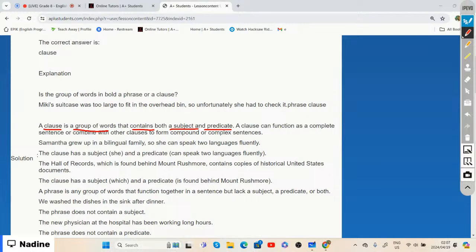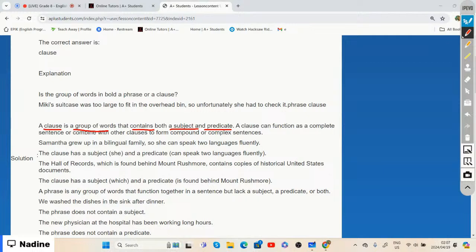So the clause is she, which is our subject, and a predicate, which is can speak 2 languages fluently.